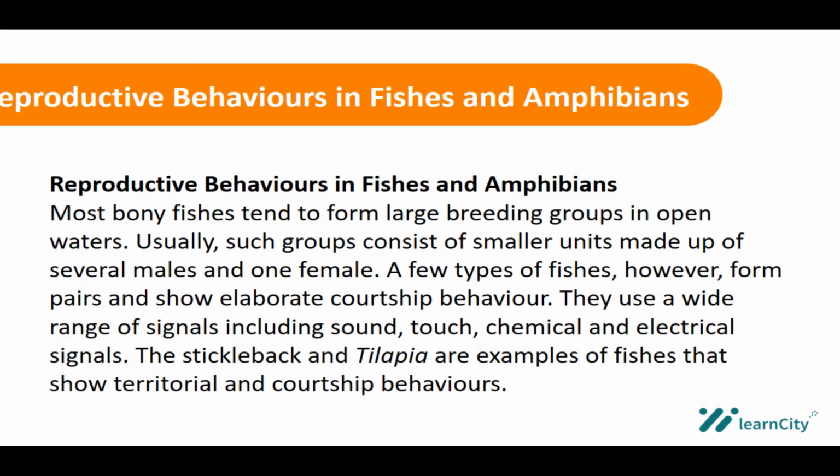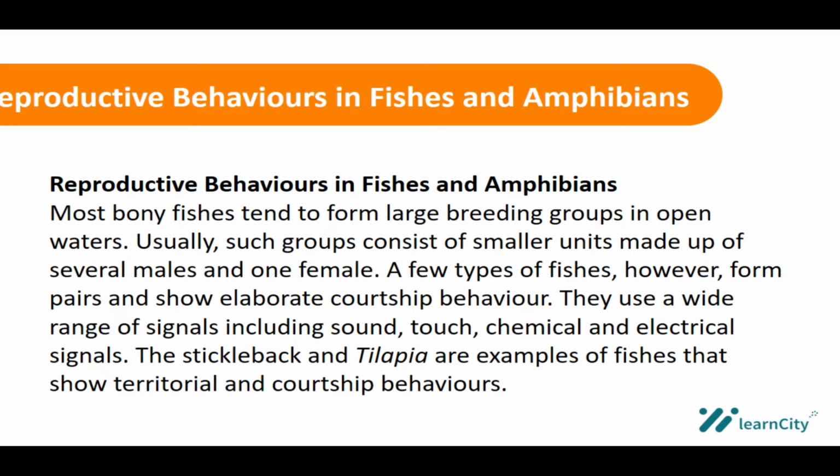Most bony fishes tend to form large breeding groups in open waters. Usually these groups consist of smaller units made up of several males and one female. A few types of fishes, however, form pairs and show elaborate courtship behavior.